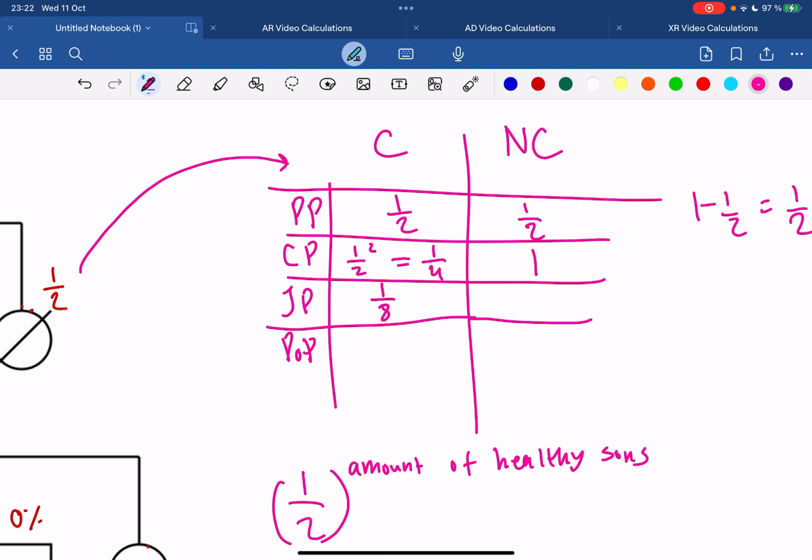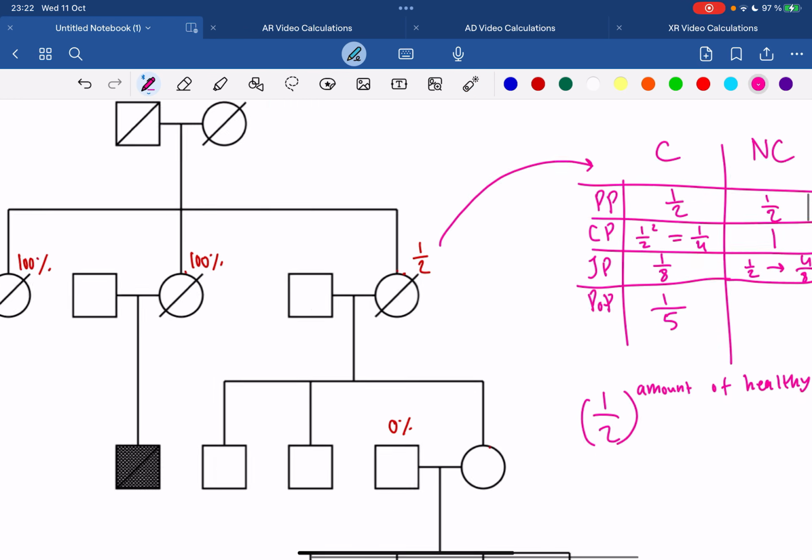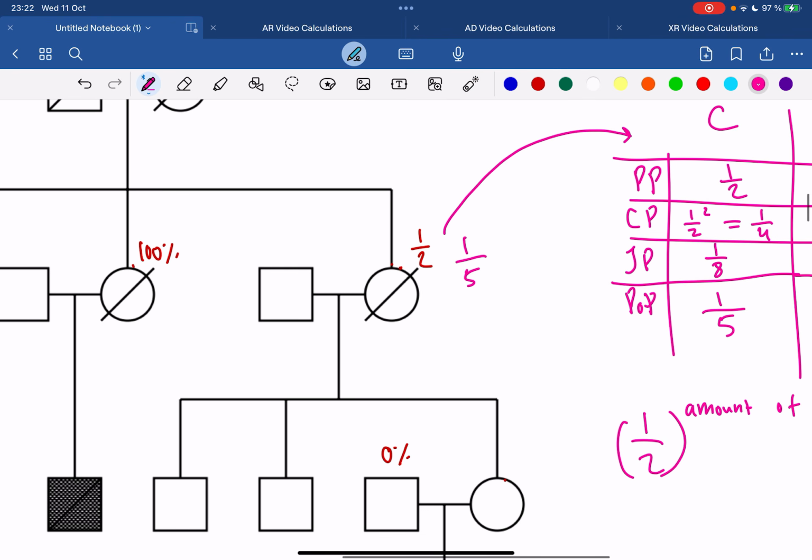And for non-carrier, it would be 1/2, but we want the denominators to match. So we write 4 out of 8 here, and we get 1 out of 5. Why? Because we take the numerator up here, and then the denominator for this one would be the numerator here plus the numerator here. So the updated probability would be 1 out of 5.